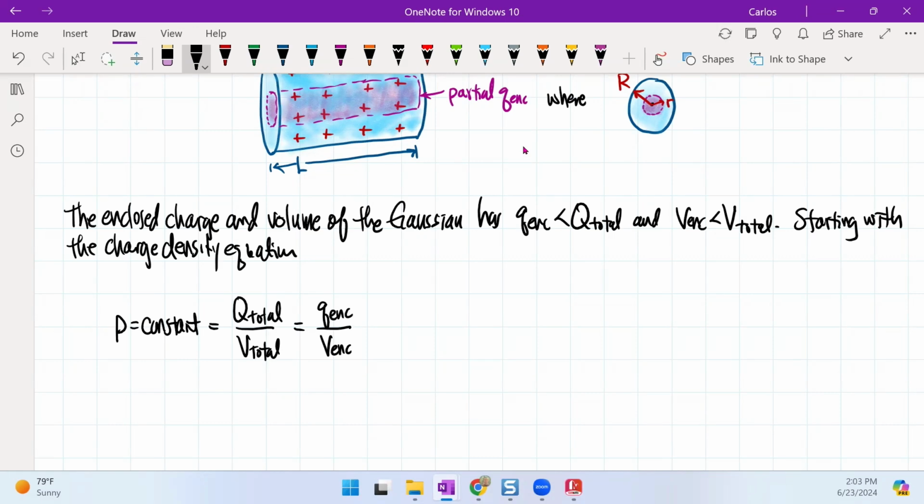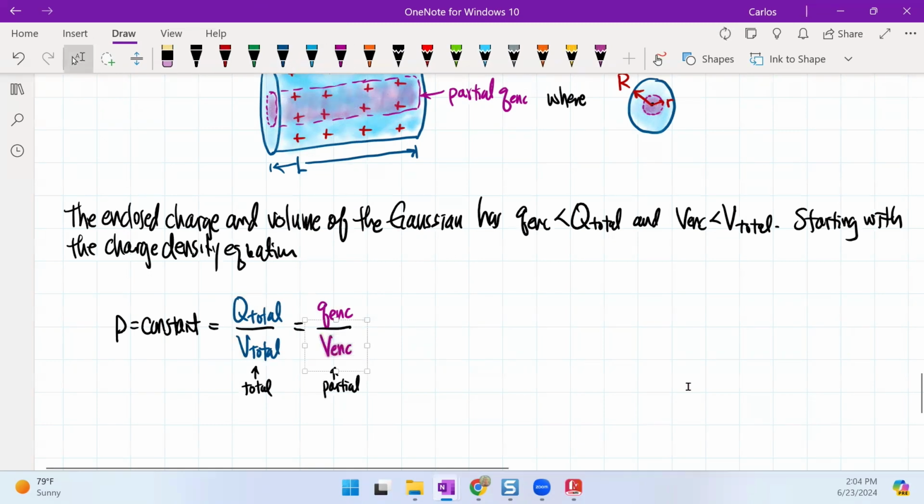Once again, this represents the total and this represents the partial. If I color code these, this has to do with the full cylinder, and these have to do with the enclosed cylinder, which is of course smaller.